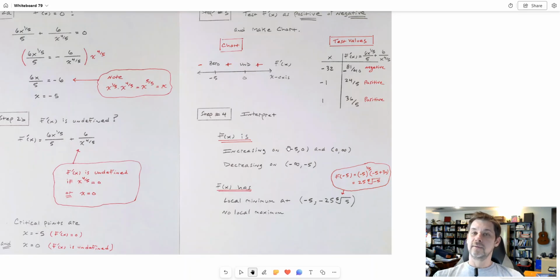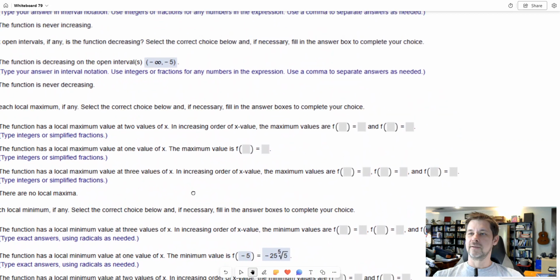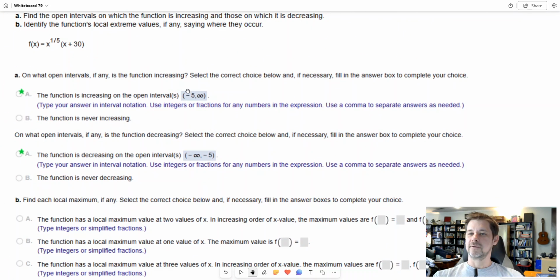But that's combined as one single interval right here. Increasing from negative 5 to infinity. Okay, so it's expressed as one interval, whereas I broke it up as two as I solved it.